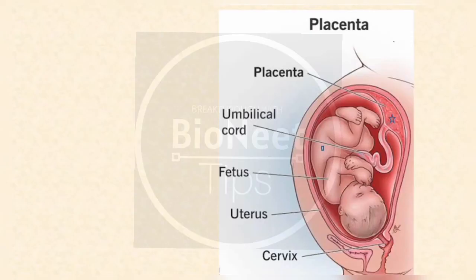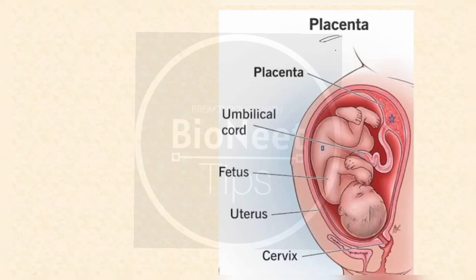Now once the uterus has accepted the embryo, the embryo needs a lot of nourishment in order to grow. During pregnancy a tissue is formed called the placenta.